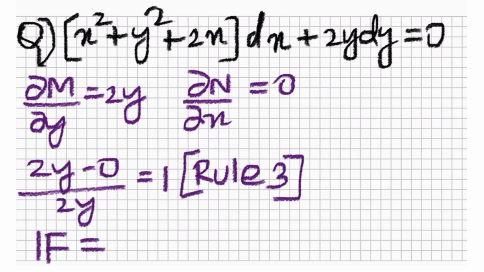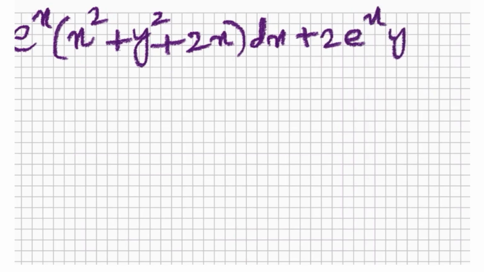We can further find our integrating factor by taking e to the power of the integral of dx. Thus, we multiply our integrating factor by the given equation to make it exact.